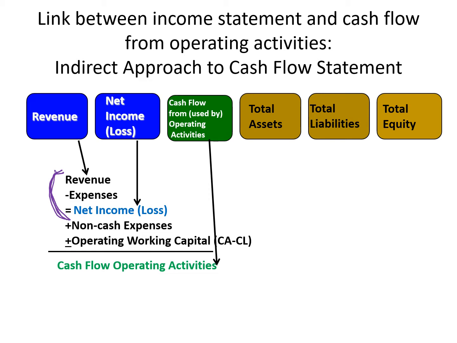In the first part of the indirect approach to the cash flow statement, we are going to convert that accrual-based net income, where revenue is recognized when it's earned and expenses are matched or follow those revenues, and we're going to adjust it by non-cash expenses that are found on the income statement, plus or minus the changes in current asset and current liability accounts to give us cash from operating activities.